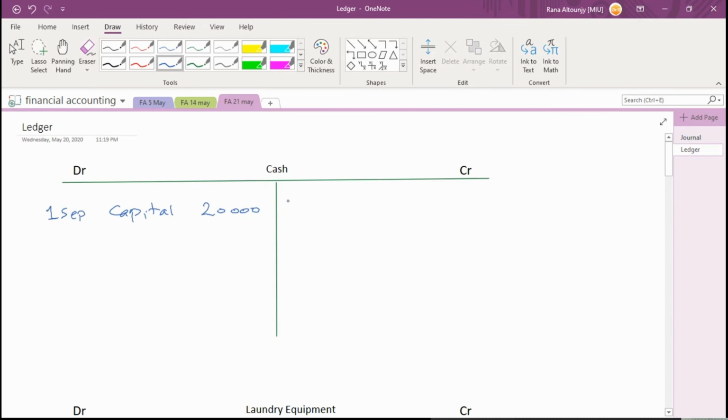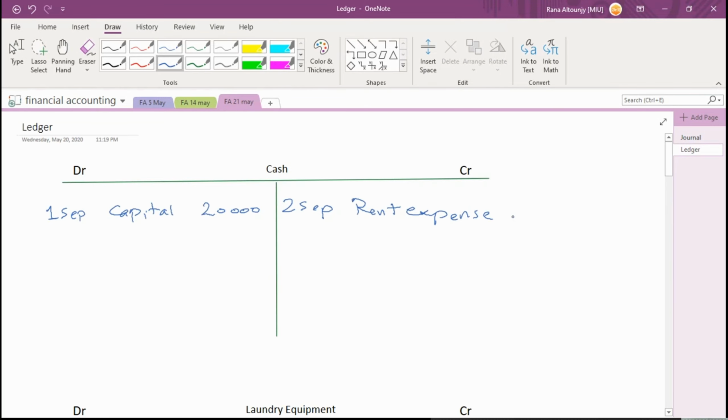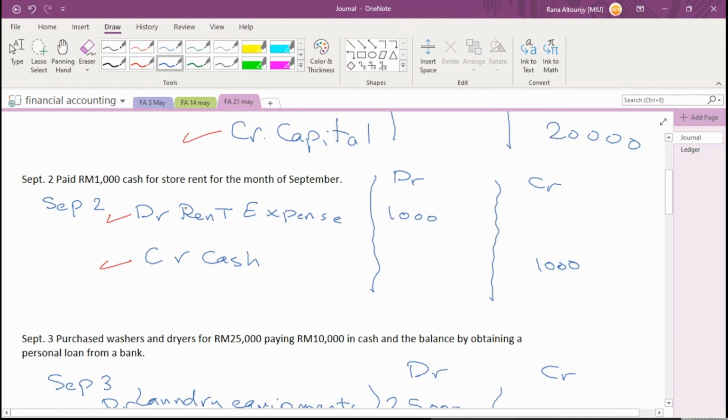So 2nd September, rent expense, and the amount is 1,000. Like this, we transfer both sides of the transaction. We do the same for all the transactions.